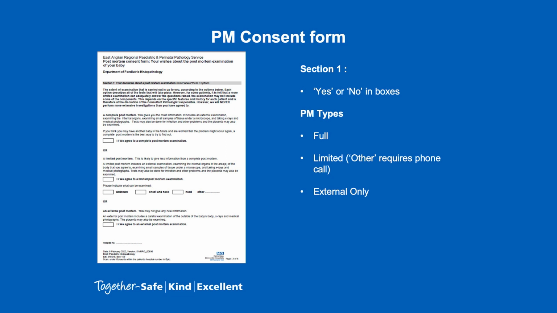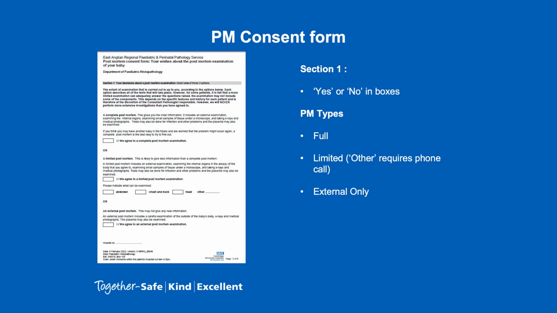Page 3 of the consent form details what type of post-mortem we're consented to carry out. On this page, the consent taker should put a yes in the box for which type of post-mortem is consented to. So it would either be yes to the full post-mortem, or yes to the limited post-mortem, or yes to the external post-mortem.